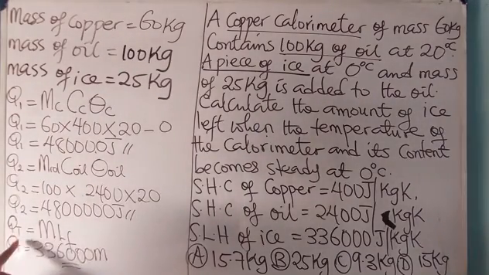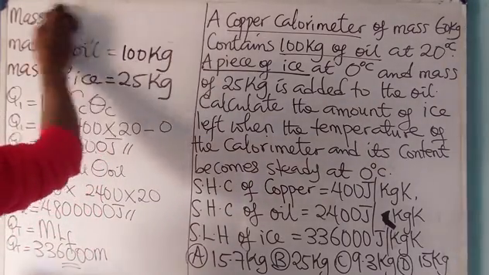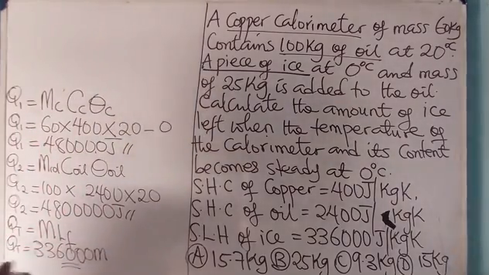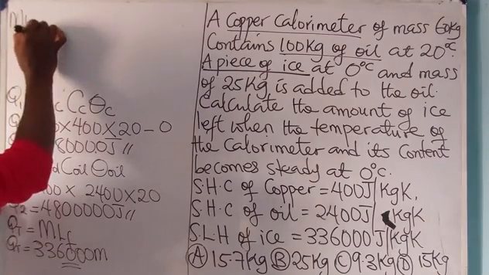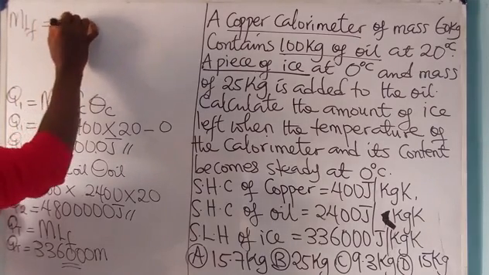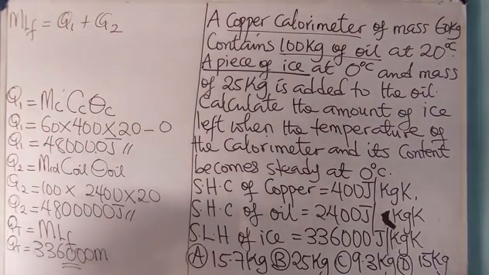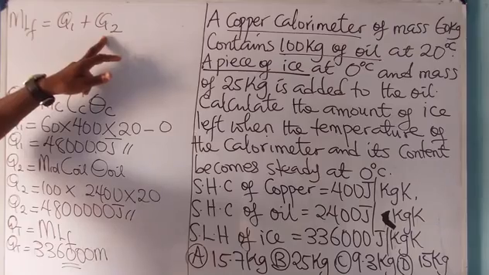I'm going to be relating the ice with what I've solved here. So just follow it bit by bit. It means that mLf, which is the Q total, equals what I've gotten in Q1 plus what I've gotten in Q2.